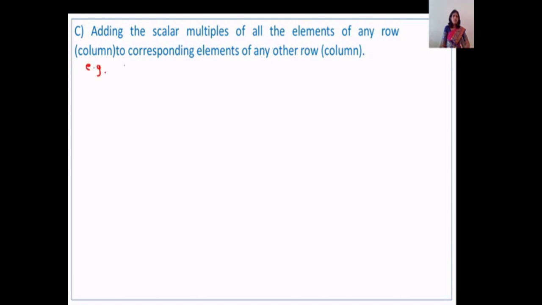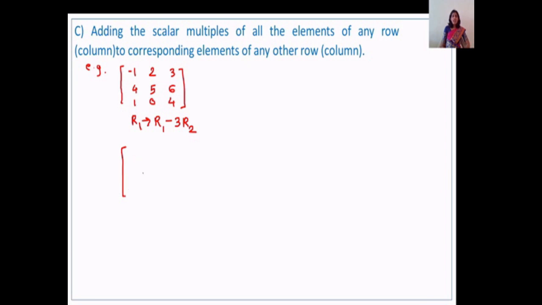Suppose there is a matrix -1, 2, 3, 4, 5, 6, 1, 0, 4, and we have to make the transformation R1 gives R1 minus 3 times R2.